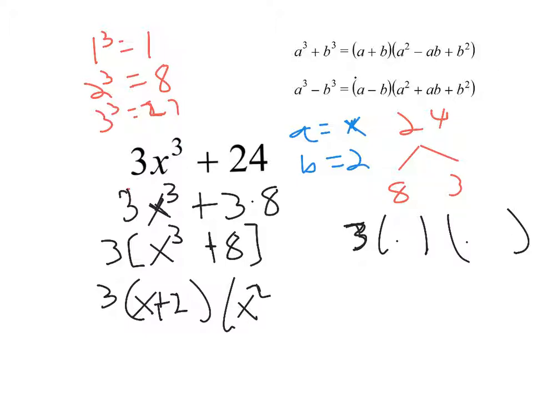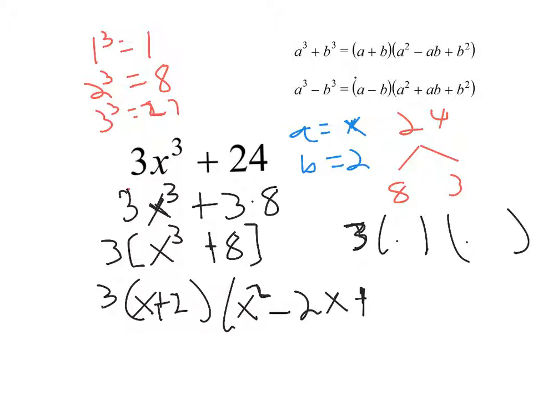Remember this is a sum of cubes, so it will be minus ab. x times 2 is 2x, so minus 2x. Then we do b squared, and my b is 2. 2 squared is 4, so it will be plus 4.